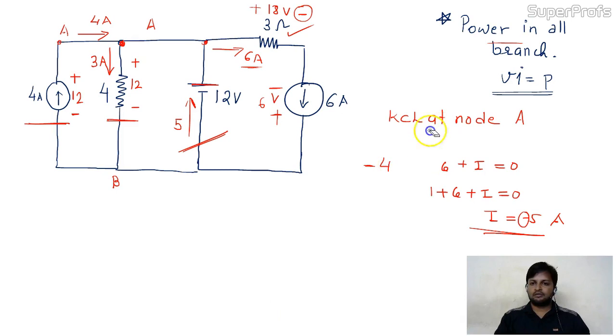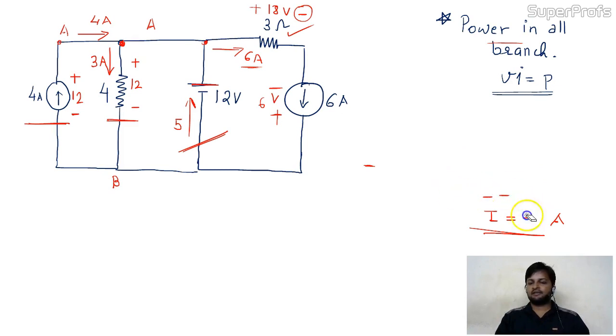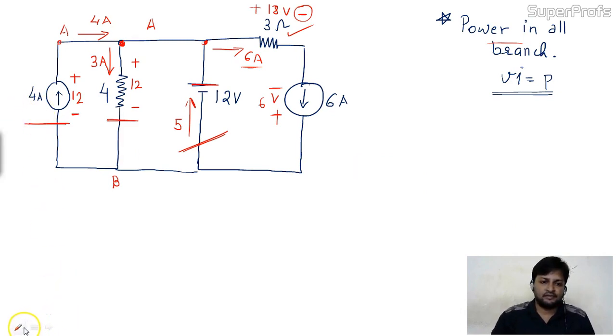Let me erase it first, then we'll start. The power calculation in different elements of the circuit. So come to the 4 ampere first. Let me change the color also.